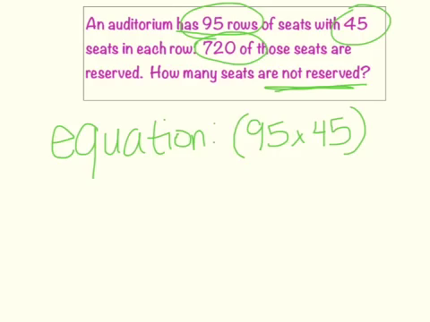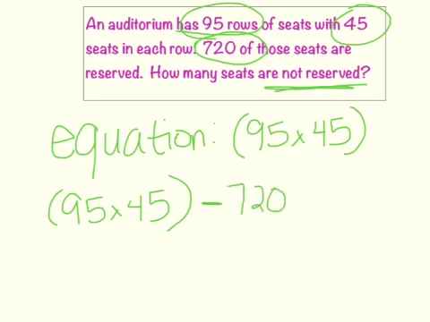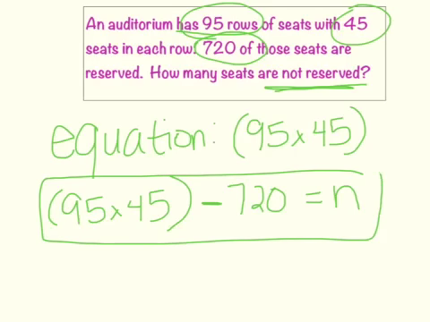So that means we're most likely going to need to take that 95 times 45, which is the total number of seats in the whole auditorium, and subtract from that the 720 seats that are reserved. And that should tell us how many are not reserved. So let's not solve this equation right now, but you can see how the equation's set up. And it's just basic multiplication and subtraction.